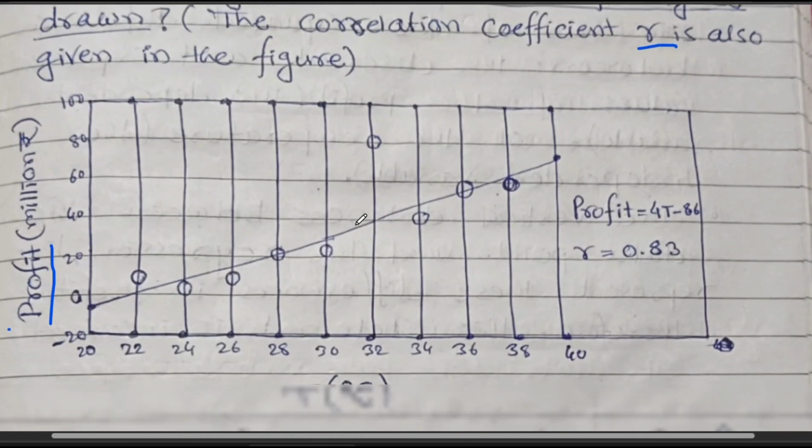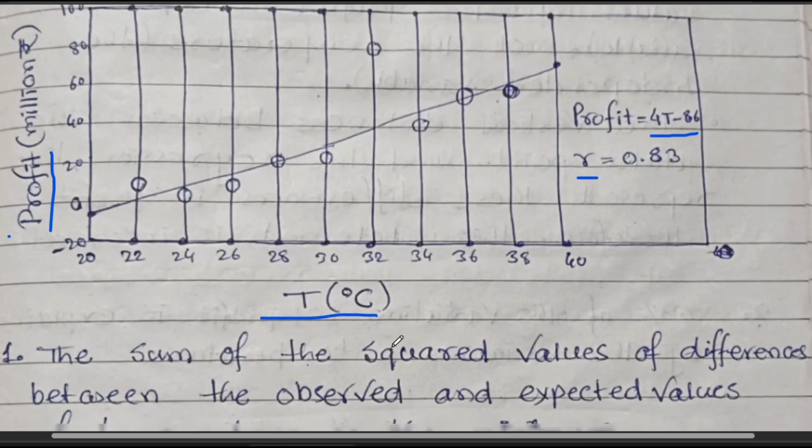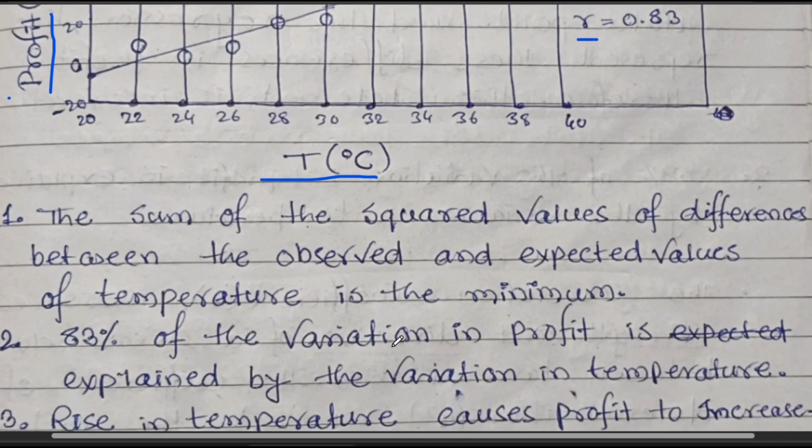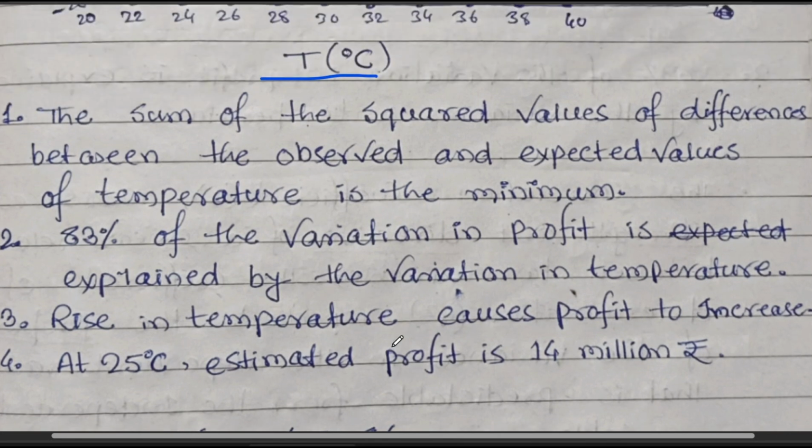So they are asking which relation we can draw with the help of this data, which is a relation between temperature and profit. R is the correlation coefficient, and profit is given as 4T minus 86. So the options are: first, the sum of the squared values of differences between the observed and expected values of the temperature is the minimum.